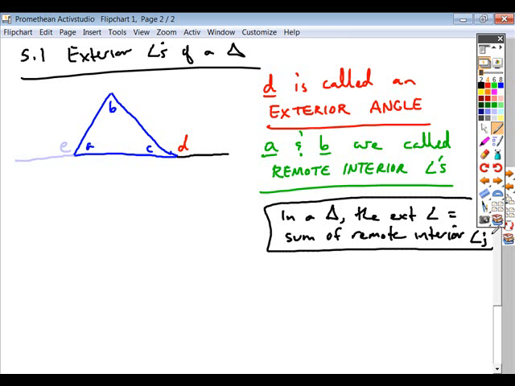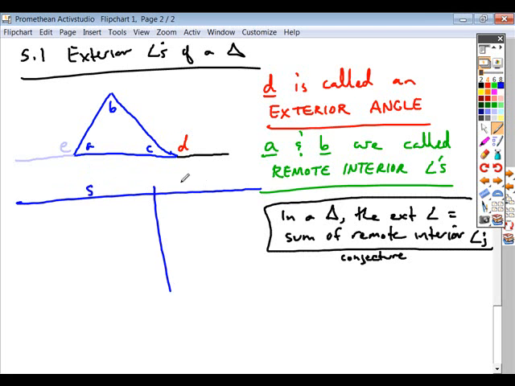So in this angle D, the measure of angle D has to equal A plus B. So let's go through and see, again, this is right now just a conjecture. Let's see if we can convert it into a formal statement that's valid all the time.